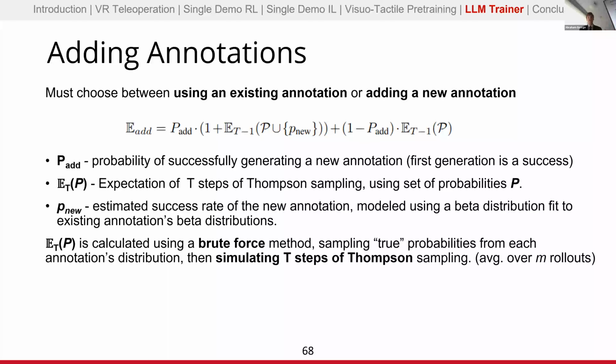In order to do that estimation of the Thompson sampling rollouts, we use a brute force method where we sample the true probabilities from our current estimation of the arms and then simulate T time steps of Thompson sampling, doing this over 1,000 rollouts in order to get an average value that is fairly accurate.